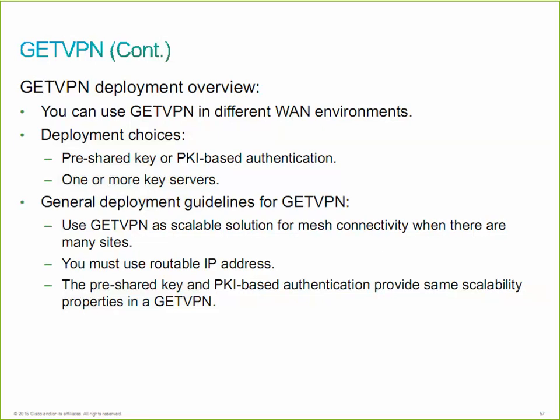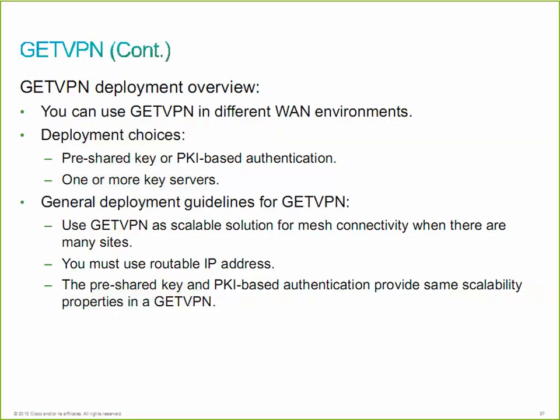Each key server can be active and handle requests from several group members. We can have one primary key server that is used to update policies to the other key servers as well, so we don't have to manually configure all of these key servers at once.